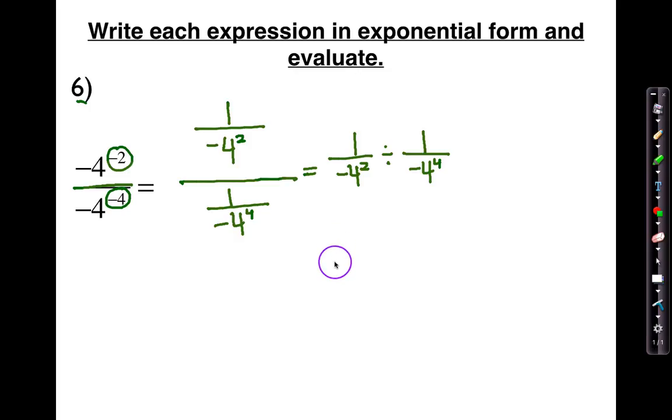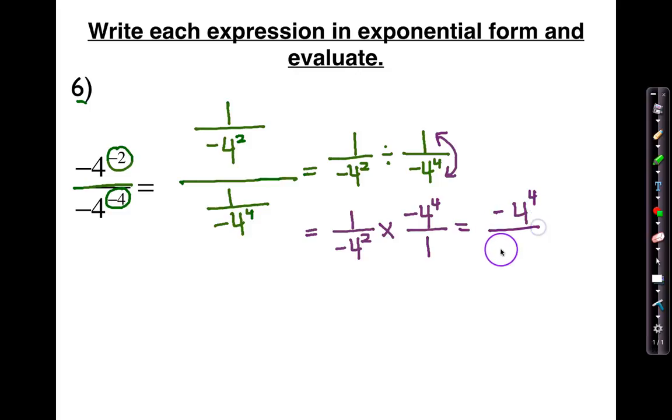Of course, I'm going to rewrite this as 1 over the opposite of 4 squared times the reciprocal. So I'm going to rewrite this as the opposite of 4 to the 4th over 1.